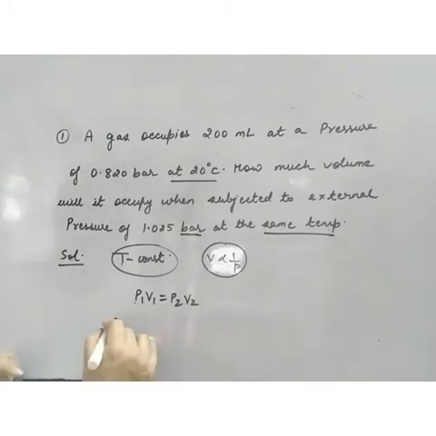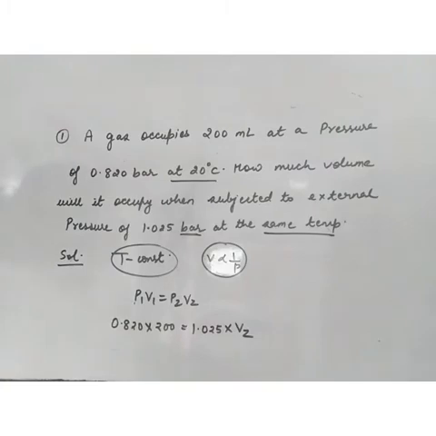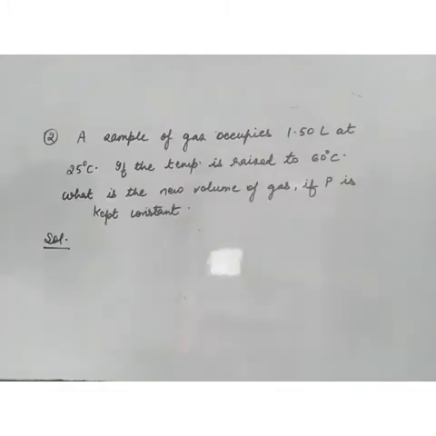Now the pressure is 1.025 and we have to find the final volume. So V2 is 0.820 into 200 upon 1.025 and the answer will be in ml. So what is the answer of final volume? That is 160 ml.